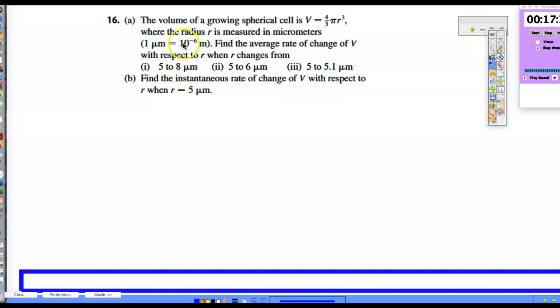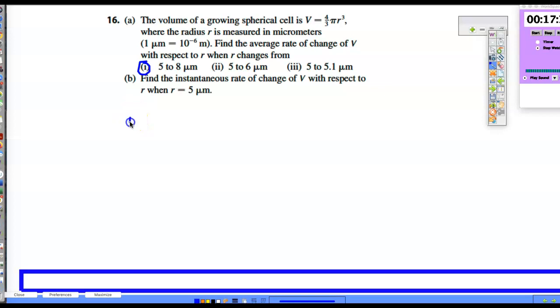And in this particular case, this is illustrating the micrometers, right? So for 1 micrometer, converting it to meters is what this conversion is. So let's just illustrate part A. This is why it's very important to understand your units.